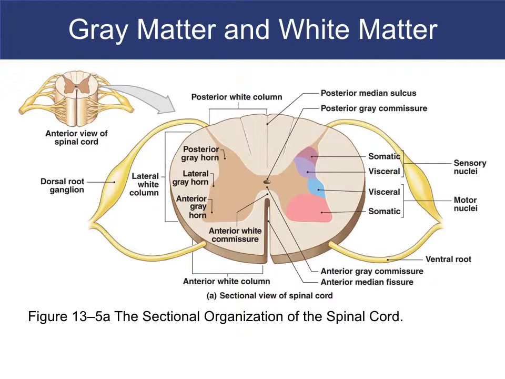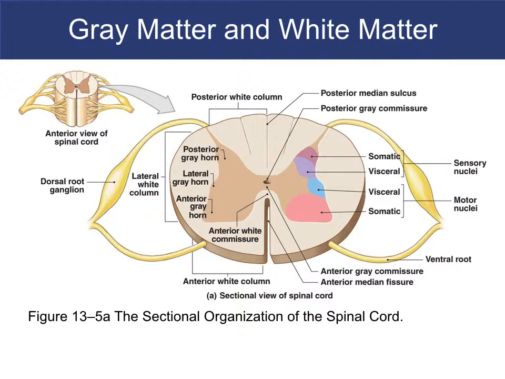So here's a diagram that illustrates that. I think this is certainly the most you need to know, probably more than you need to know about the spinal cord. The most important thing is that if you slice it across the middle, the things on the top, on the dorsal side, are sensory. Both the gray matter and the white matter are sensory.